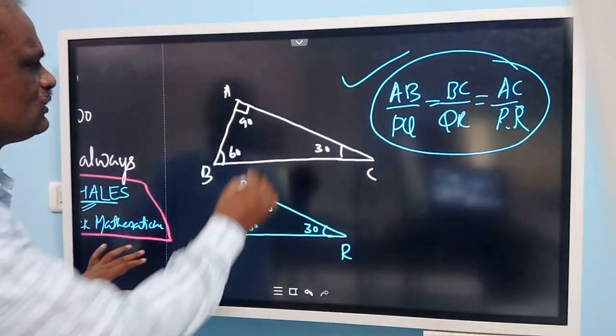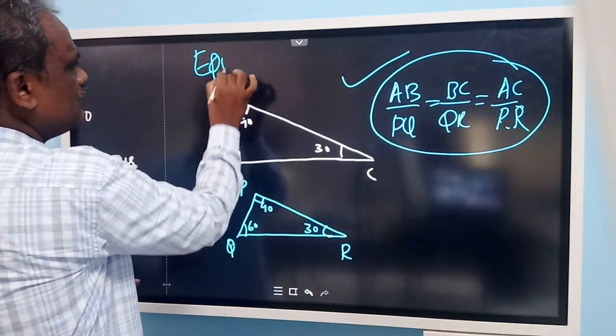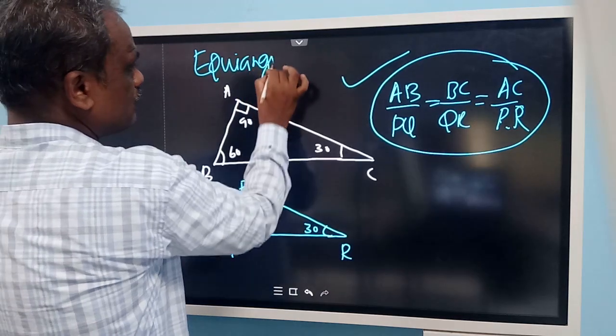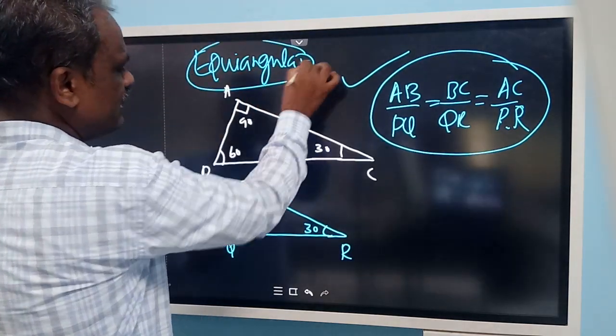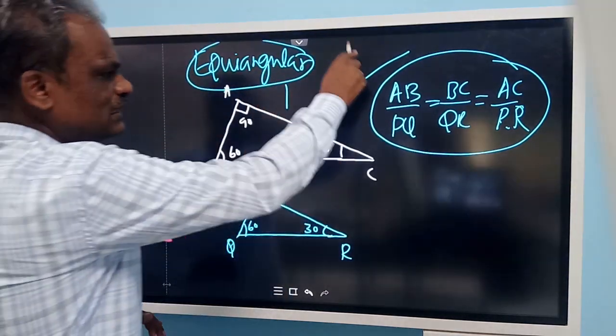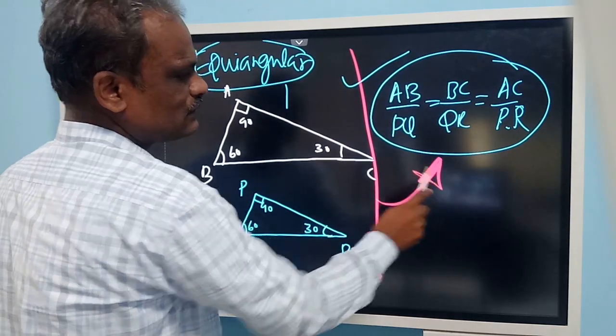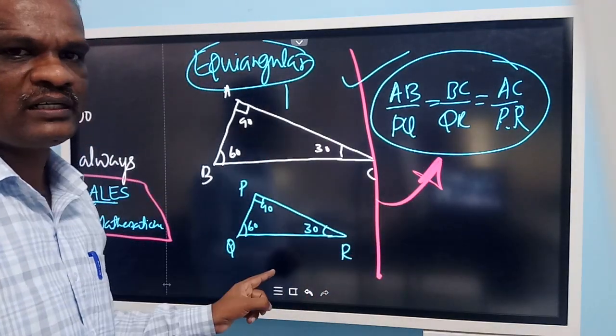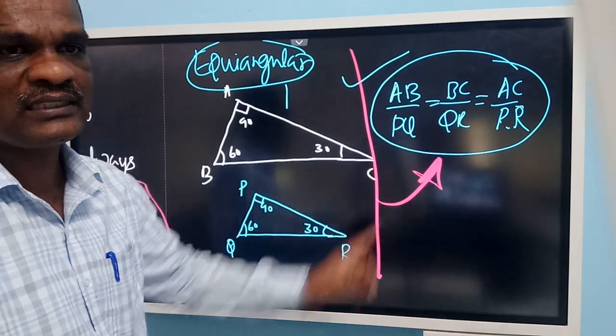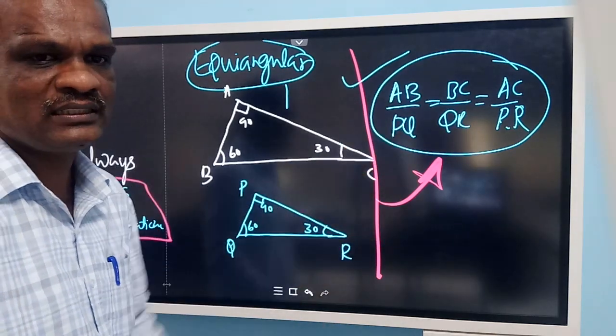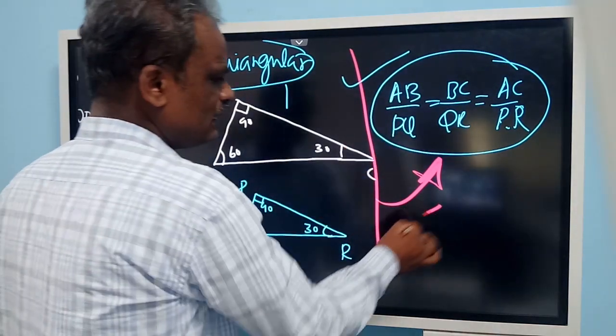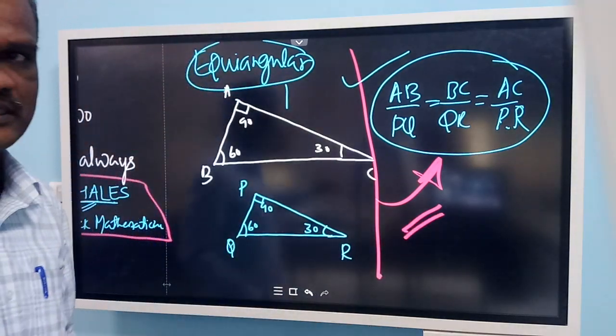Now I have taken these two equiangular figures. From this I can conclude like this. Since these two are equiangular, then the corresponding sides are in the same ratio. So that we will discuss the remaining thing in the next period.